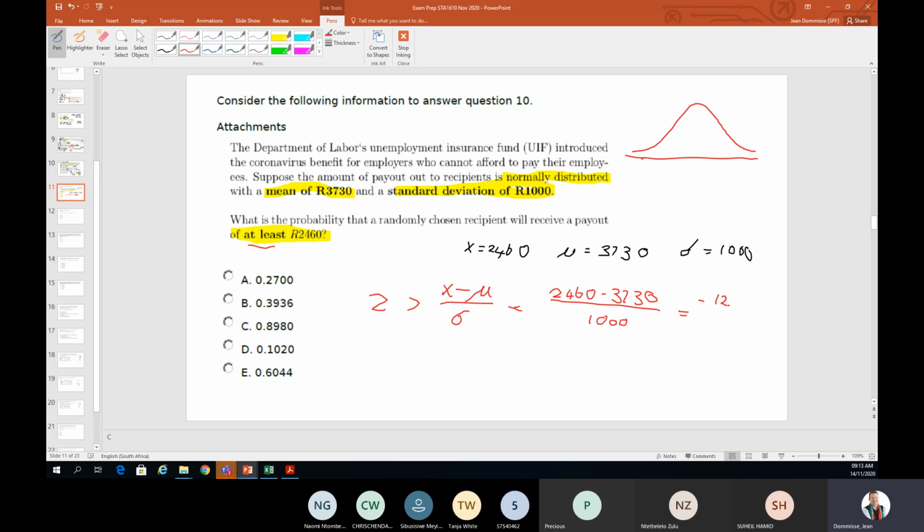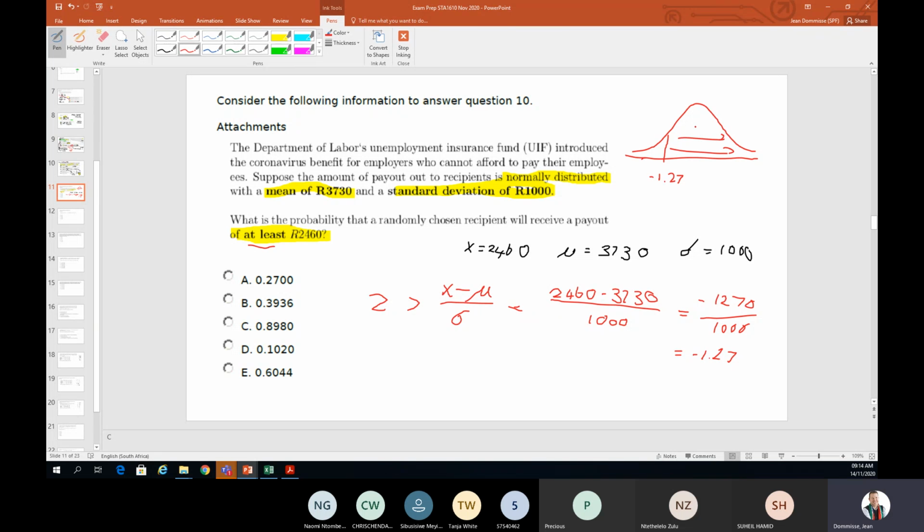Minus 1270 divided by 1000 is equal to minus 1.27. So minus 1.27. So I need to get that portion.